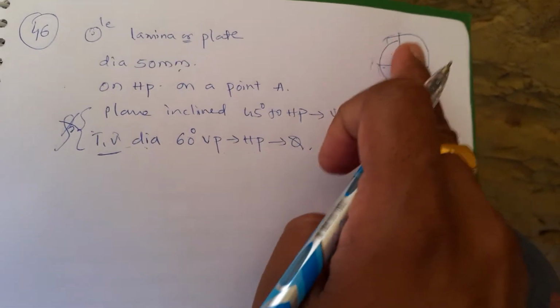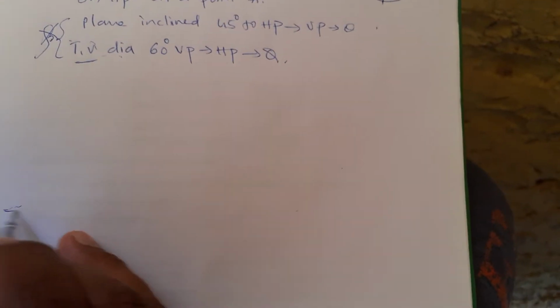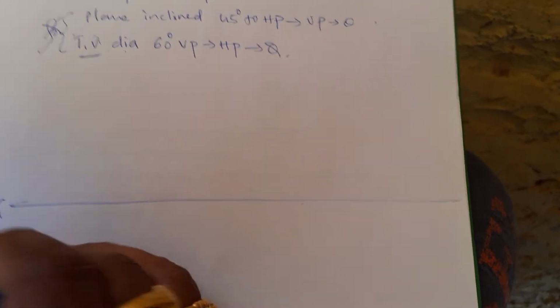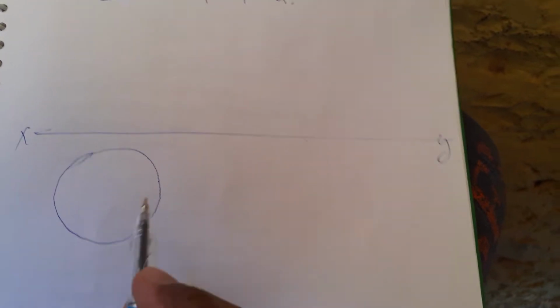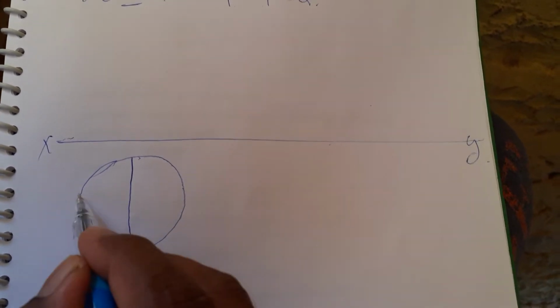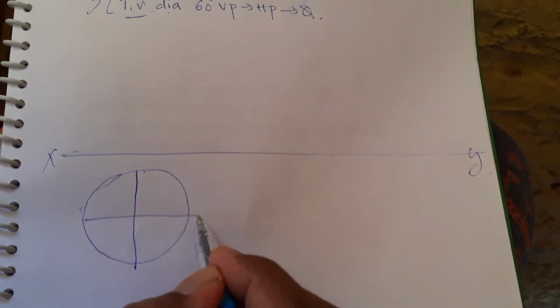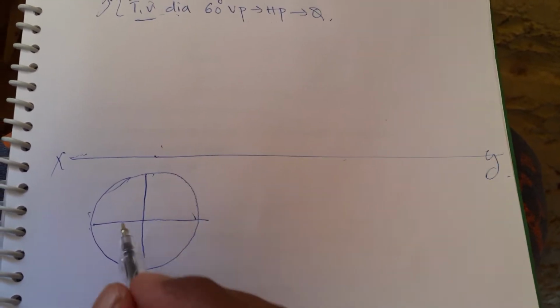I will show you how to do this problem. First, draw a circle, XY. You all know this, X and Y. Take a circle. I will tell you first: 1 and 2 are 90 degrees to each other. If you take these 4 points only, see what happens.